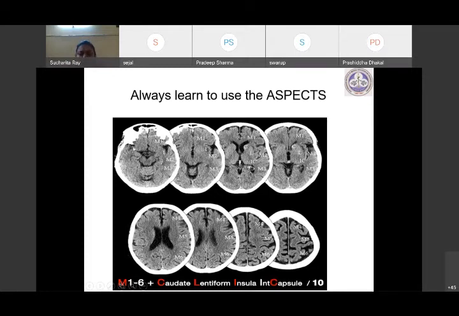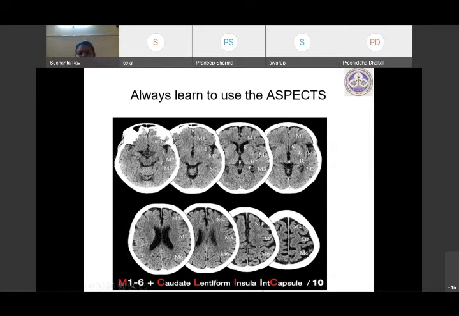When you go down in the top panel, you find additional labels like C, L, IC. These are caudate, lentiform, and internal capsule. C for caudate, L for lentiform, IC for internal capsule, and you have M1, M2, M3, which are the lower divisions of the cortical or terminal branches of the middle cerebral artery.